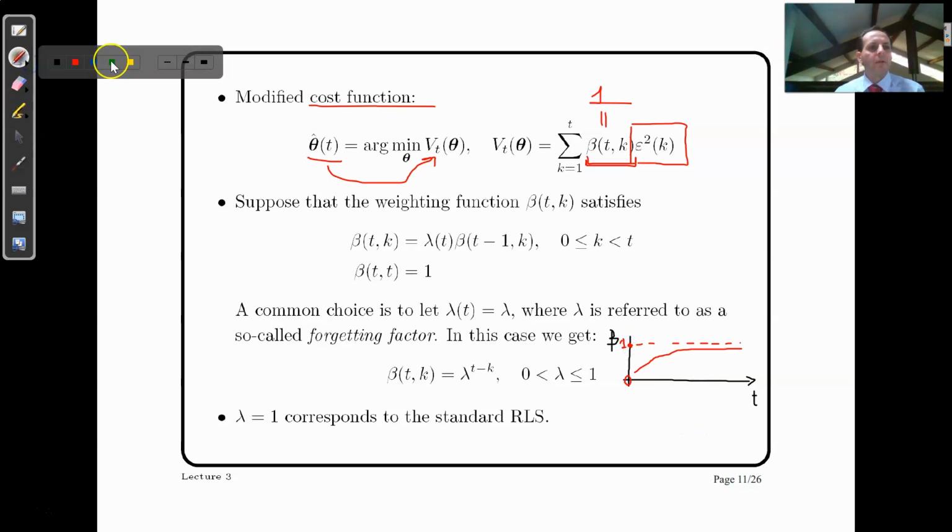And I include also a description. So here we have the past. And here we have the present.